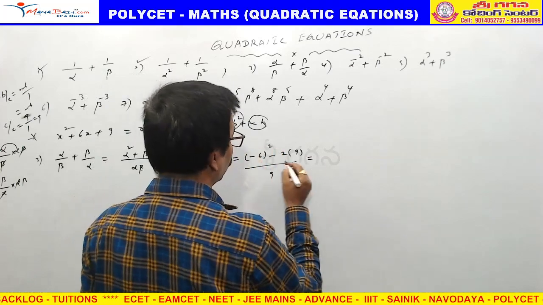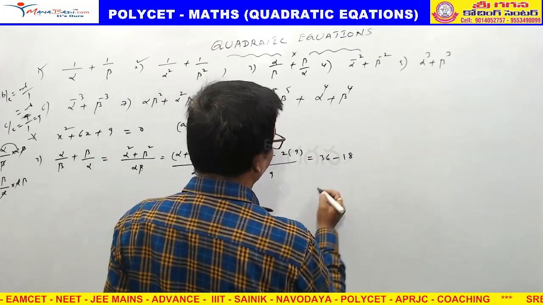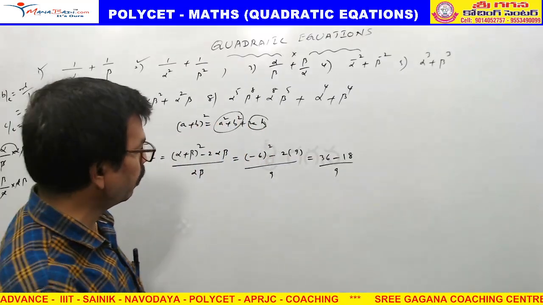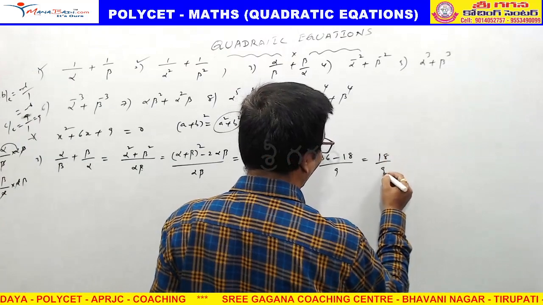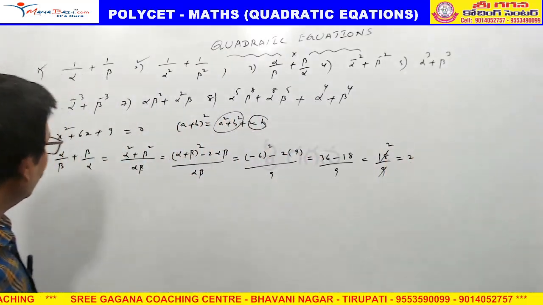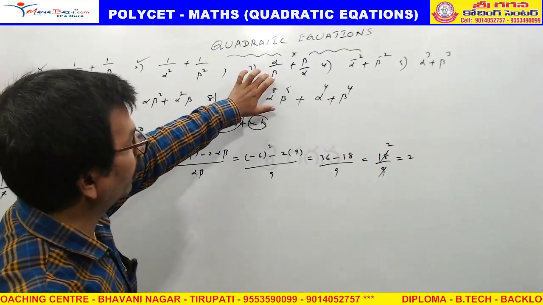So 36 minus 18 by 9. If you subtract 18 from 36, then what do you get? 18 by 9, 9 ones are 9, 9 twos are 18, that equals 2, the answer. So like that you have to take. This is the third one, like that you have to take.